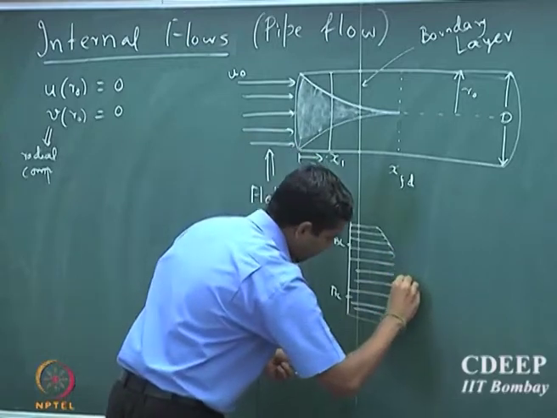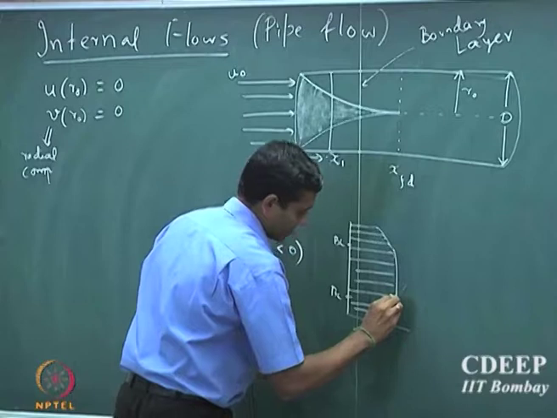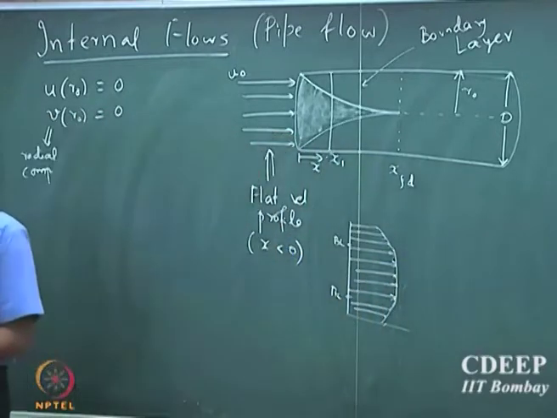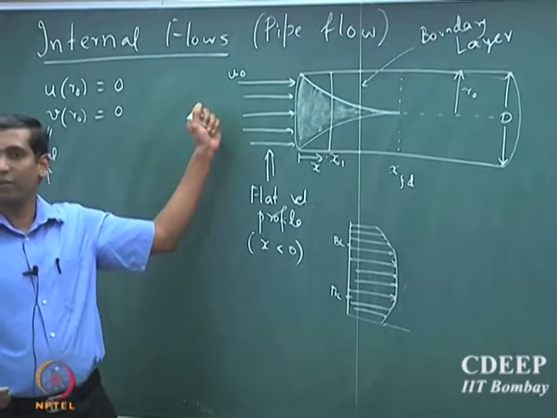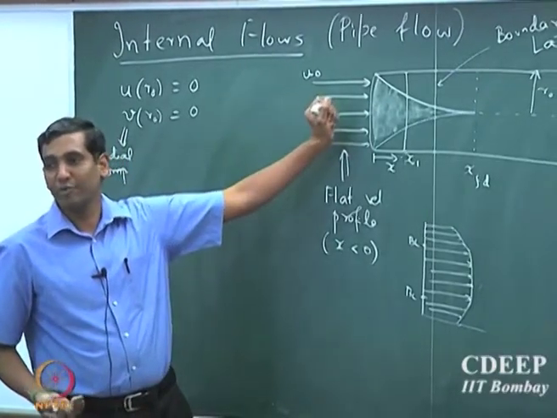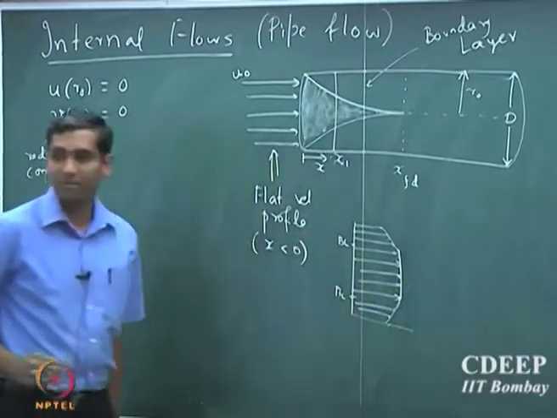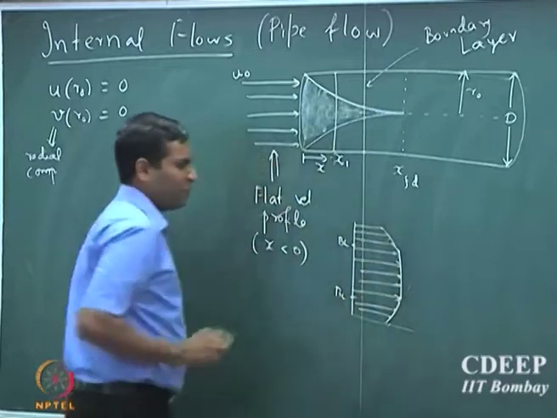So it should be flat velocity. Between the boundary layers, it will still have the same velocity profile as that of the fluid which is entering the circular tube. So it will have a flat velocity profile between the boundary layers, and then the fluid will be retarded in the boundary layers.